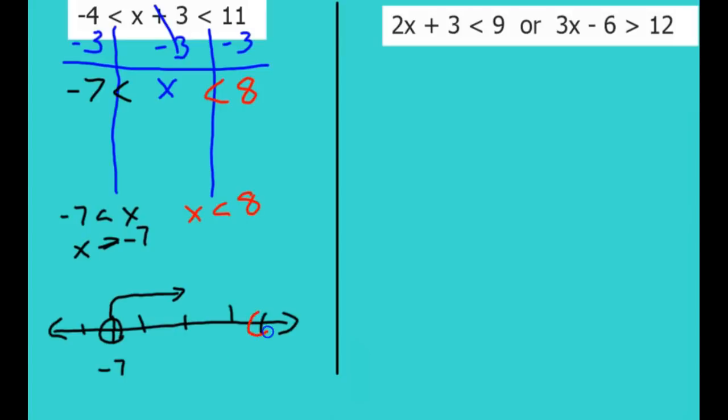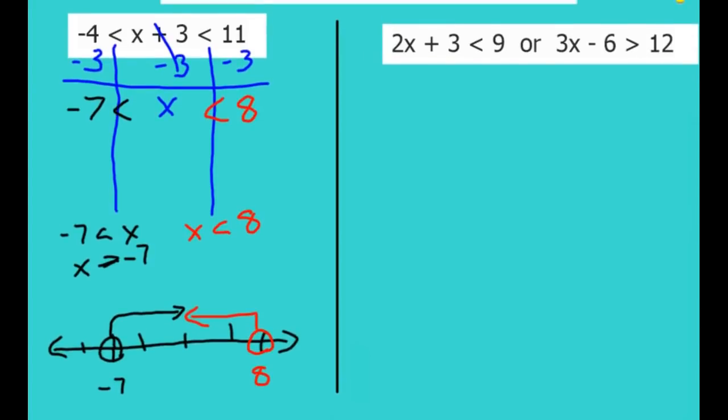So it's going to be another open circle because it's less than 8, which is pointing to the left, sorry. So two arrows meeting each other, so this is an AND inequality. This would solve our inequality up here because these two are pointing to the middle. We have some x in the middle.